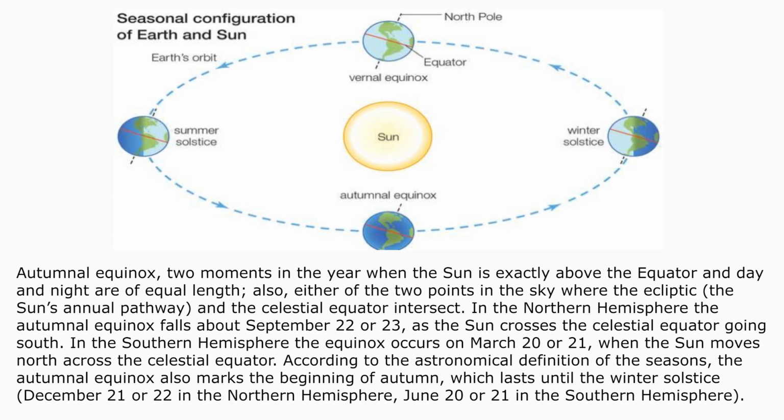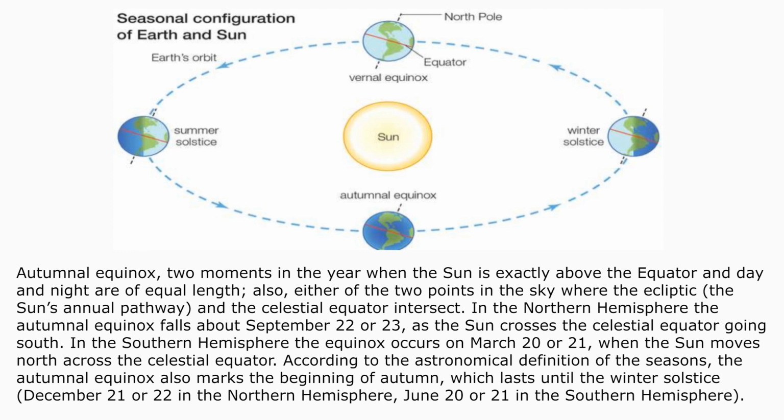Also, either of the 2 points in the sky where the ecliptic, the Sun's annual pathway, and the celestial equator intersect. In the northern hemisphere, the autumnal equinox falls about September 22 or 23, as the Sun crosses the celestial equator going south.